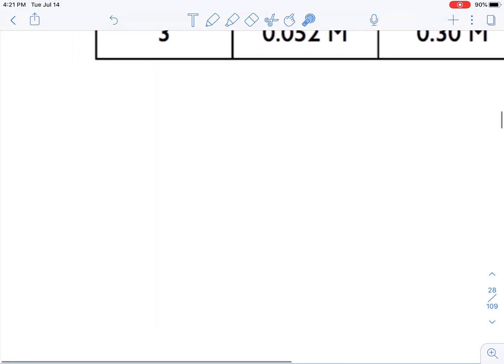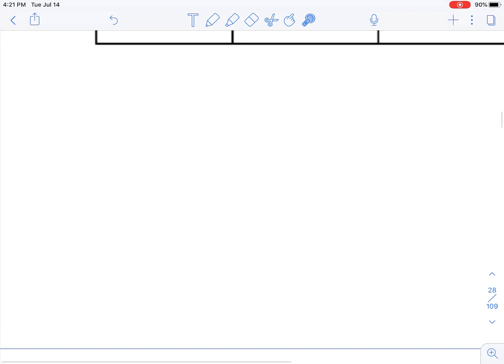And so we can write a relationship that allows us to understand that the rate of reaction for trial 1 is proportional to that of trial 2, which is proportional to that of trial 3.